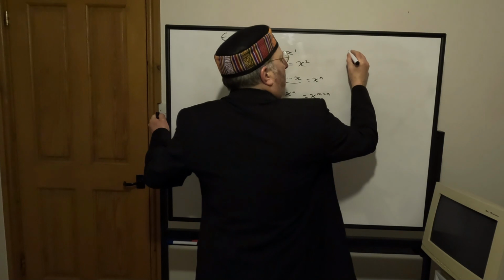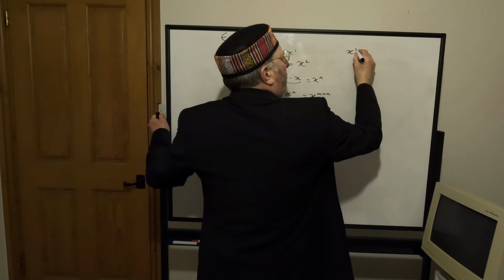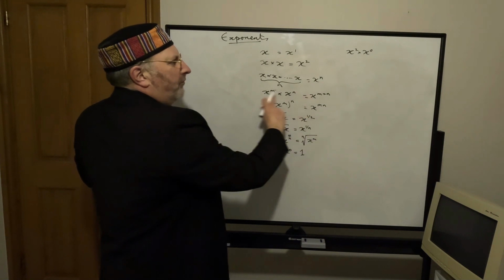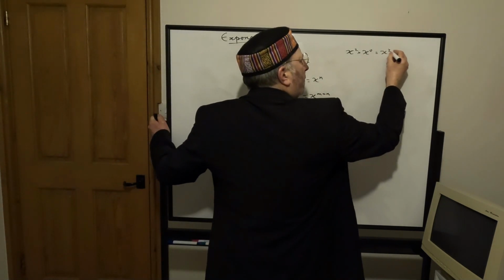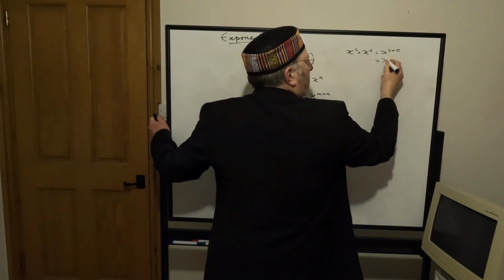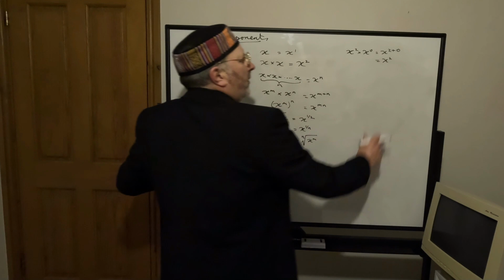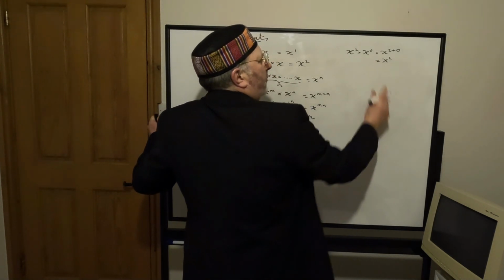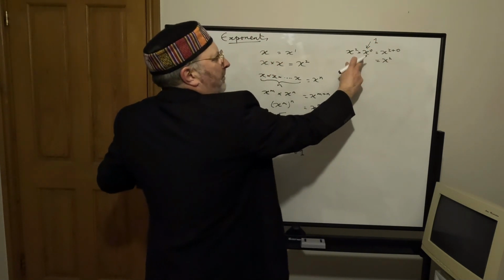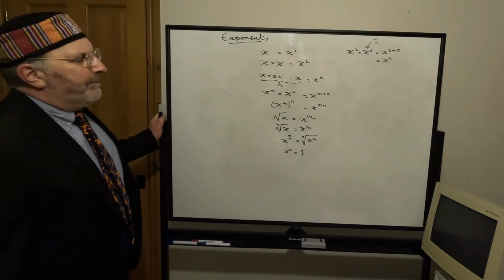If we take, say, x squared times x to the 0, then by this rule that's going to be x to the 2 plus 0, which is just equal to x to the 2, because 2 plus 0 is just 2. So x squared times x to the 0 equals x squared. So this must be 1, because when you multiply something by 1 it just leaves it unchanged and gives you what you started with.